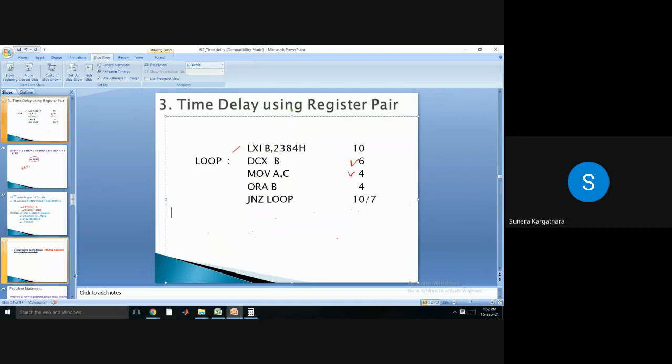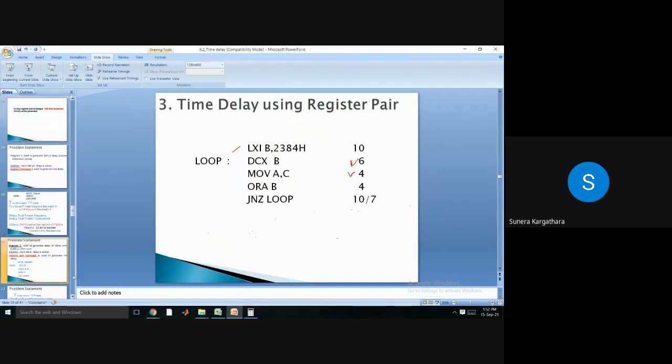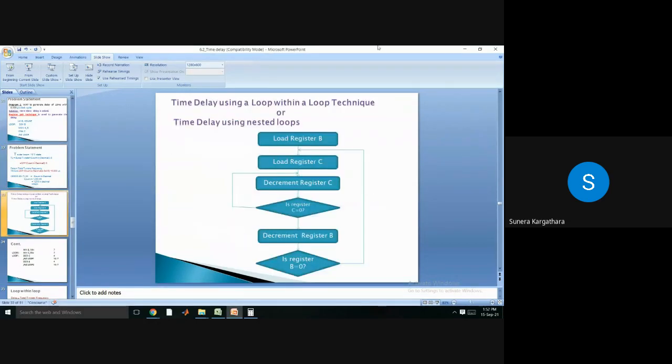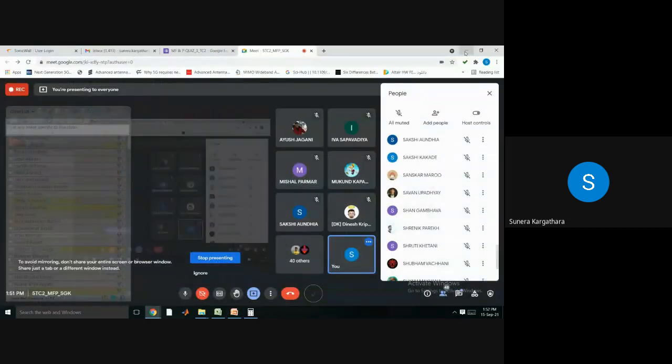Still one more technique we want to discuss, and that is nested loop, or loop within a loop. After that, we will check a few programs, which is ultimately the practice of generation of delay and counter, right? Students, you will see your stack, subroutine and code conversion, right? In that there are very few fixed programs or concepts.